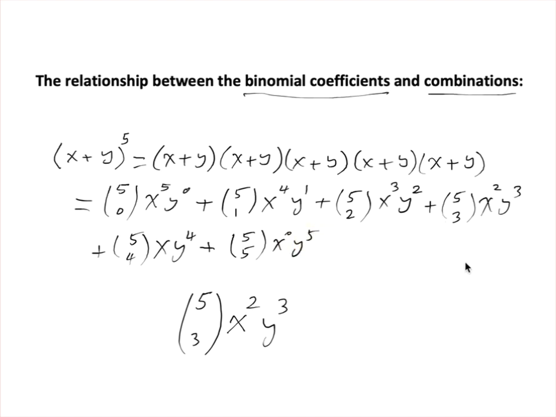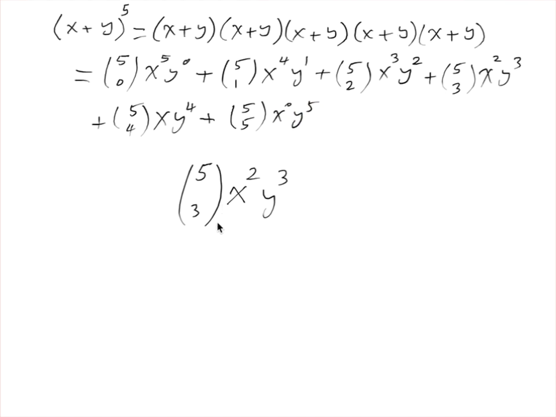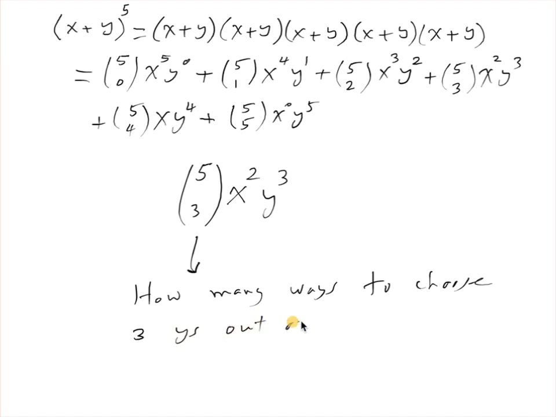So just to make this clear, I'm just using 5 choose 3 as an example. How many ways to choose 3 y's out of the 5 factors.